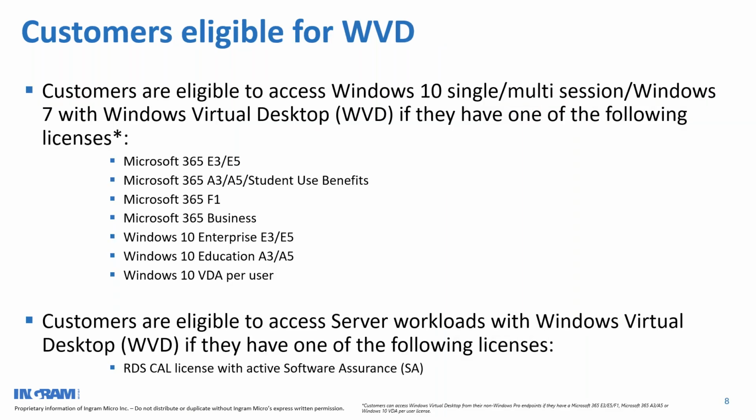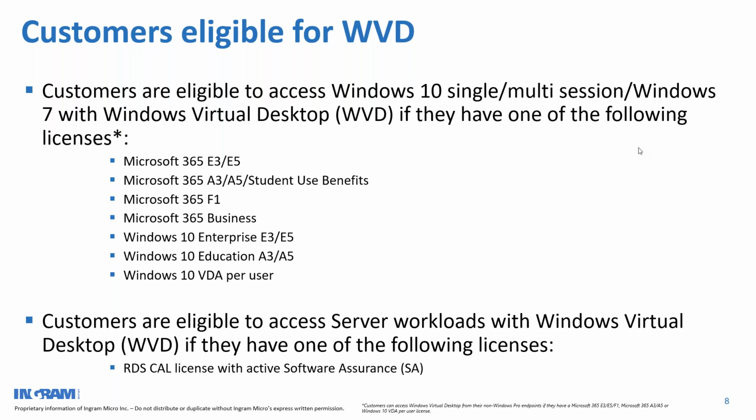A quick summary of the licensing again. Customers who are eligible to access Windows 10 multi-user, multi-session have the licenses that are required to use and run Windows Virtual Desktop. Now, Windows Virtual Desktop can also give you a server operating system as the login OS if your customer is still interested for several reasons.